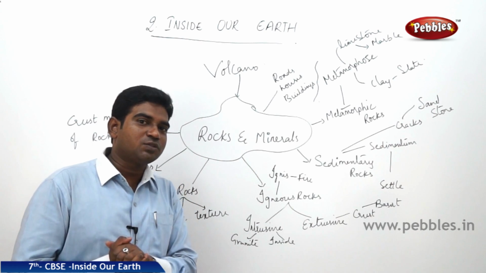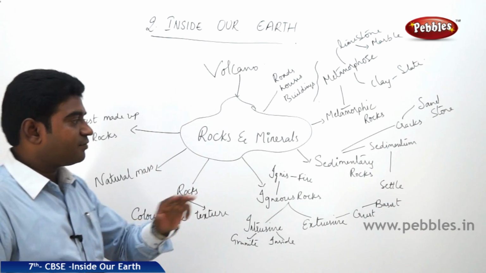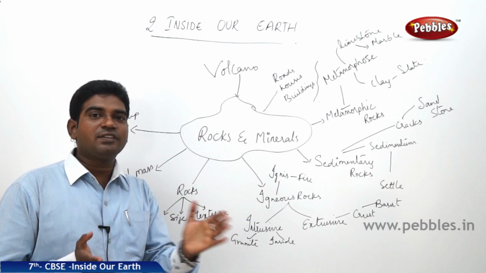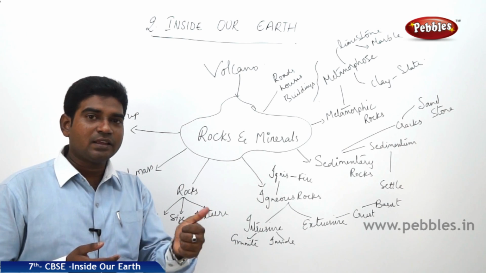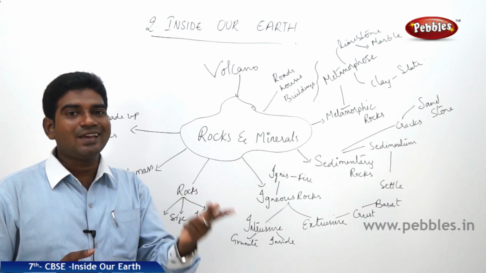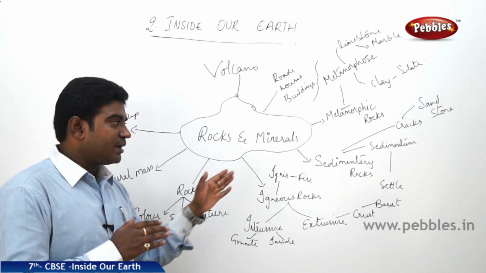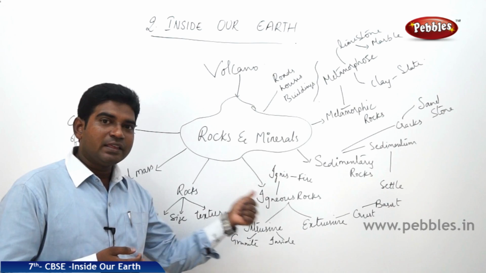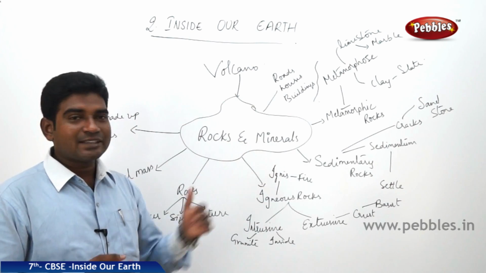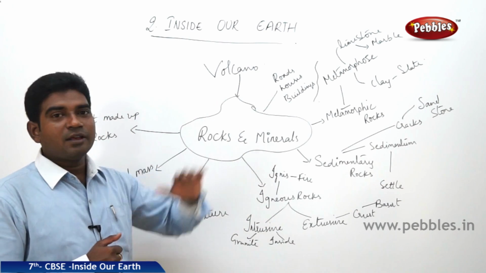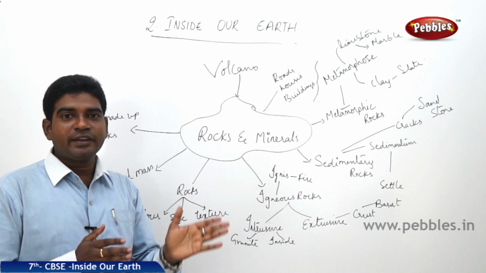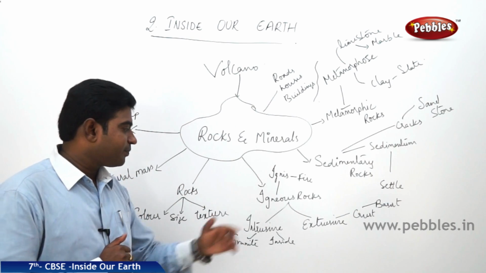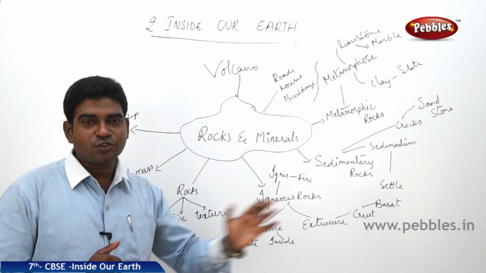So how many types of rocks do we have? Three types of rocks. How do we differentiate the rocks? Basing on their color, size and texture, we broadly categorize the rocks into three categories. First one is the igneous rocks, second one is the sedimentary rocks, third one is the metamorphic rocks. Igneous rocks are also divided into intrusive and extrusive rocks.